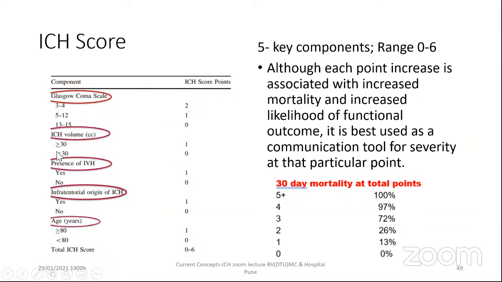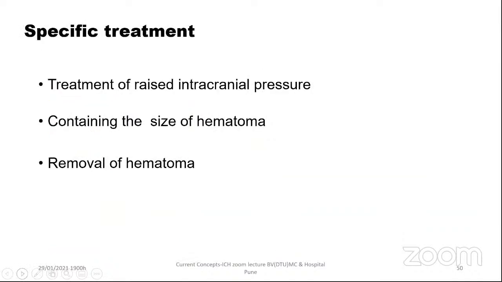We have already discussed how to calculate the ICH volume, and whether there is intraventricular hemorrhage or not, and infratentorial origin of ICH, whether it is present or not, age more than 80 or less than 80. So based on this, you can say 30-day mortality if the 5 points are there is 100% and 1 point is 13%. So you can prognosticate and counsel the relatives accordingly when you receive a patient for assessment.